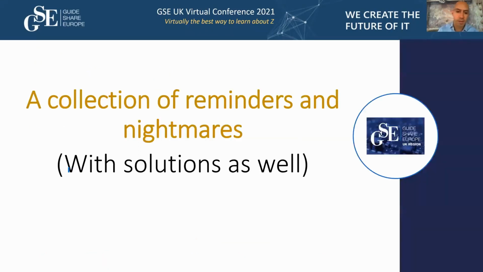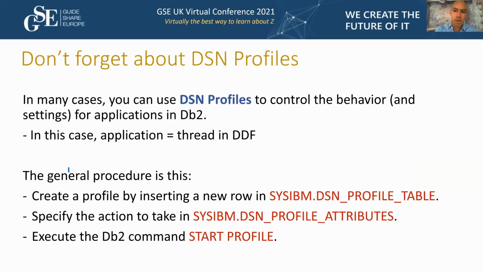Now let's look at a few problems and their solutions. Now, I have seen in several conferences that there is usually one person talking about DSN profiles, and then this person asks, raise your hand if you're already working with them, and nobody actually does. So DB2 profiles are a way to tell DB2 that you want a specific behavior for your application.